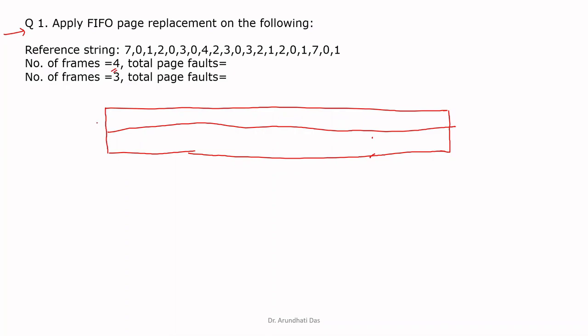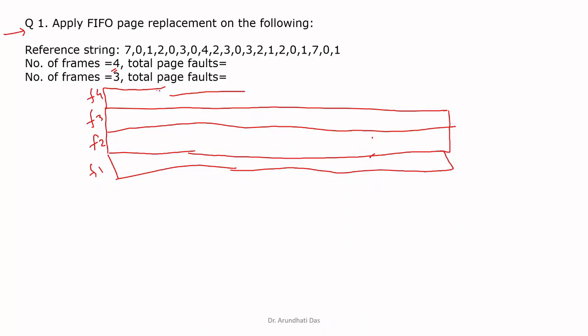I need 4 frames. So suppose this is my frame number 1, then my frame number 2, frame number 3, and one more frame, frame number 4. So these are my 4 frames in the main memory.